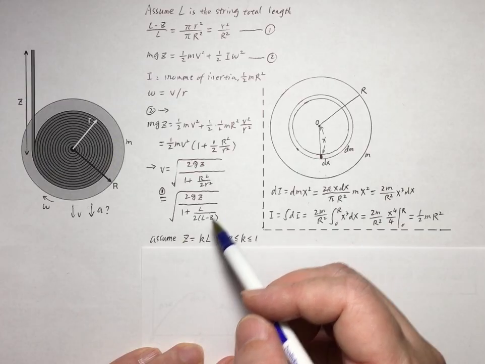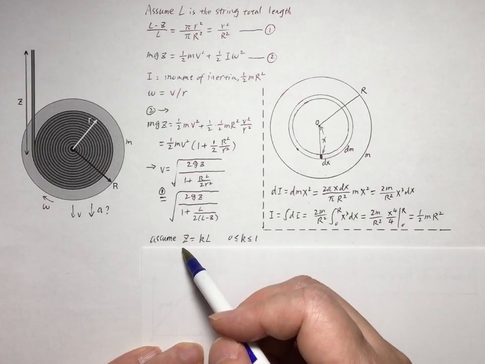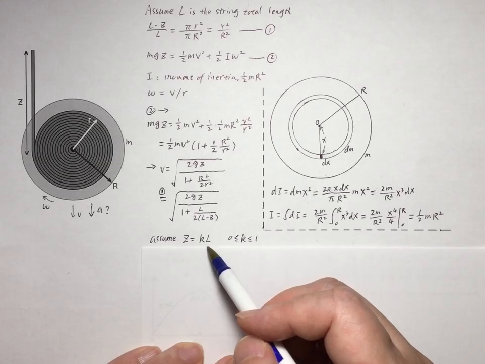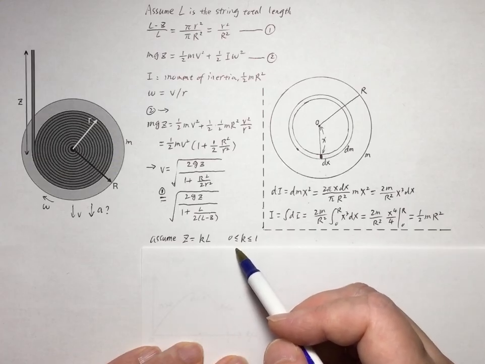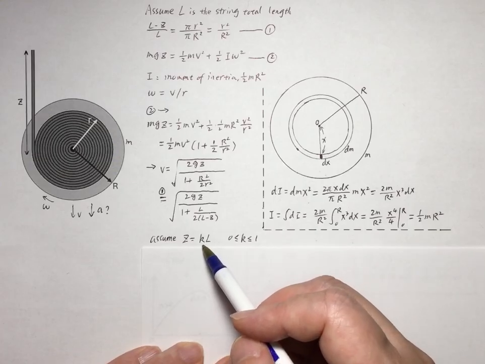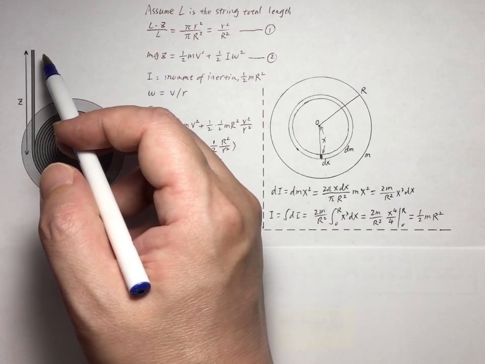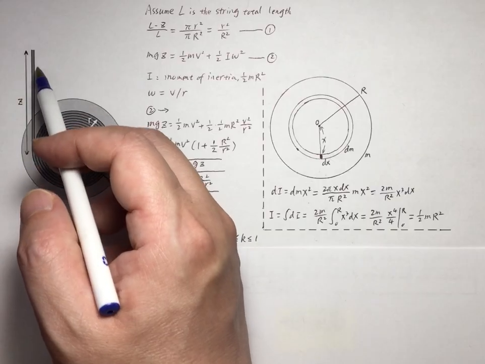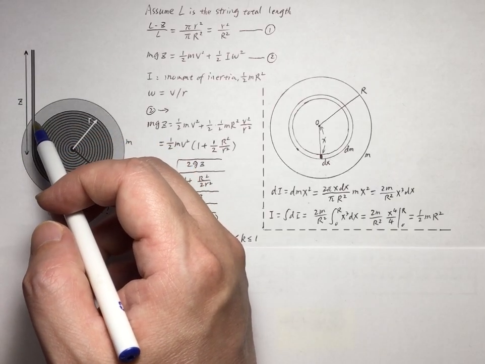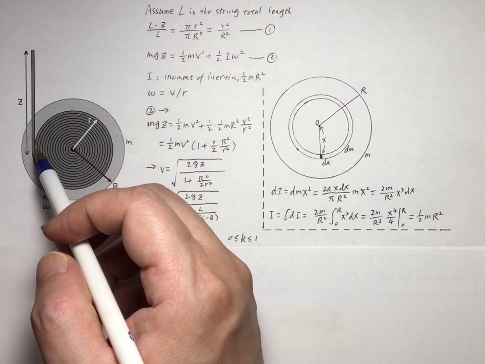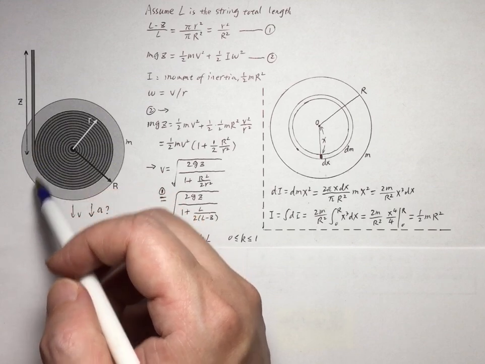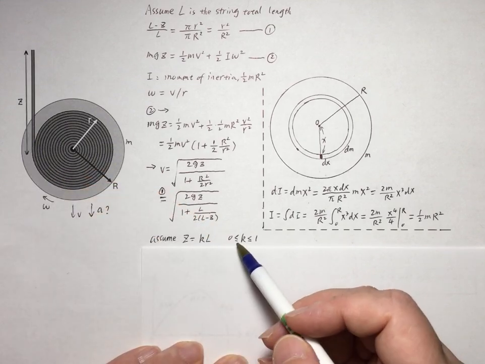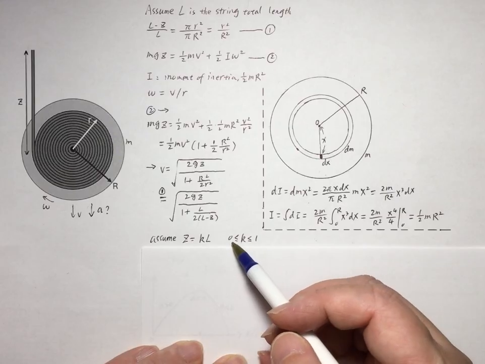To simplify it, we assume z equals kL. As we know, z is the distance the yo-yo can drop. In the beginning, z is 0. In the end, when the yo-yo is completely unwound, z is L, so k is between 0 and 1.